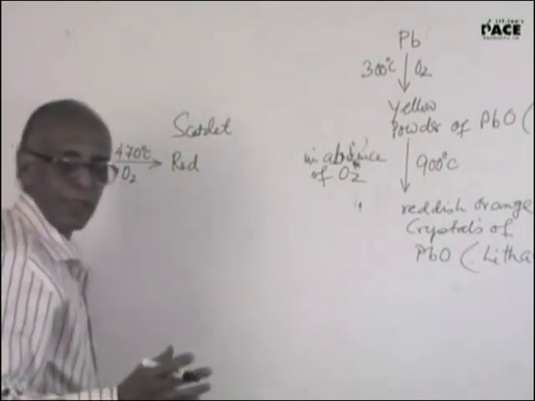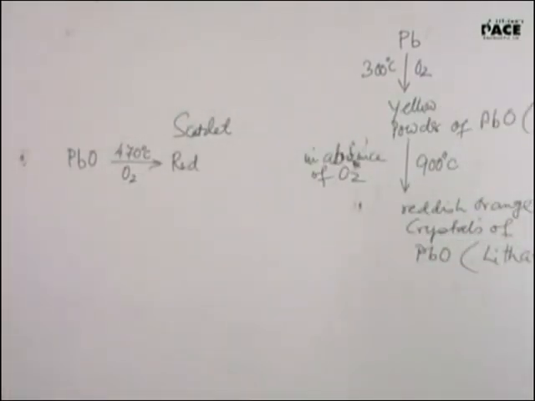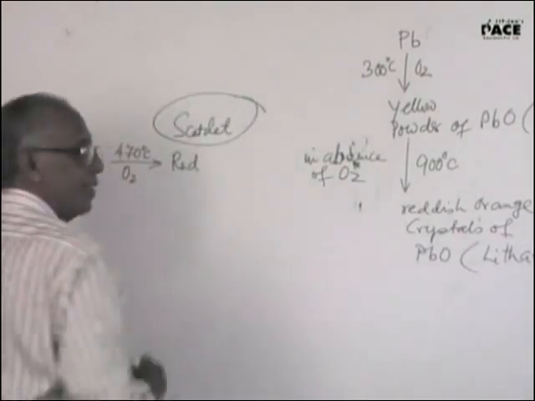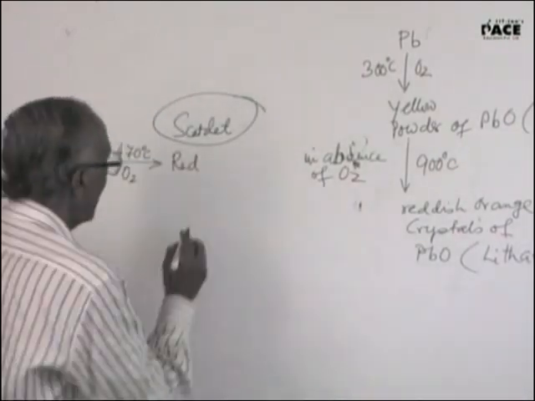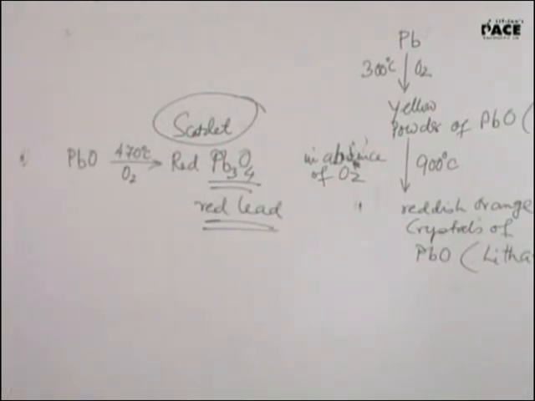So if you heat lead monoxide to 470 degrees Celsius, the yellow powder changes to a scarlet red color, a deep red color. As soon as you see this word, close your eyes and write, that is called red lead, which is red in color.